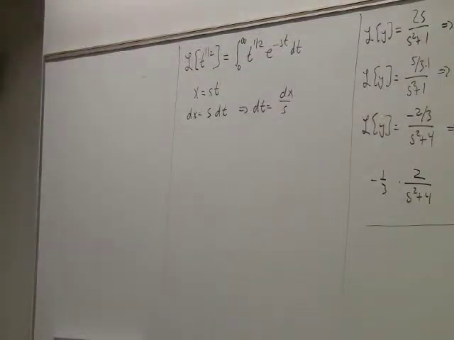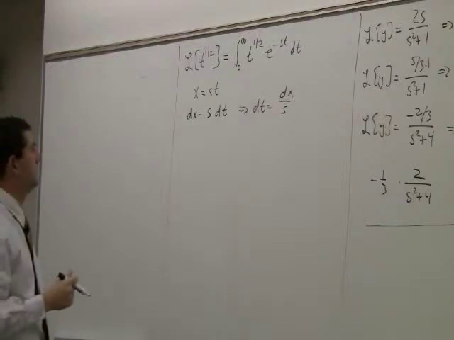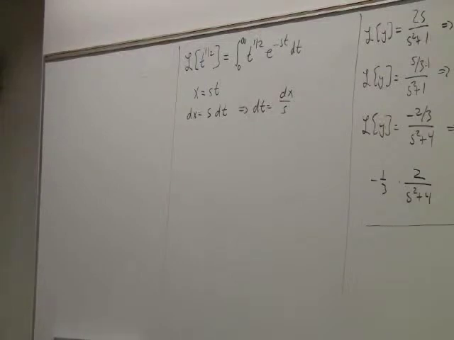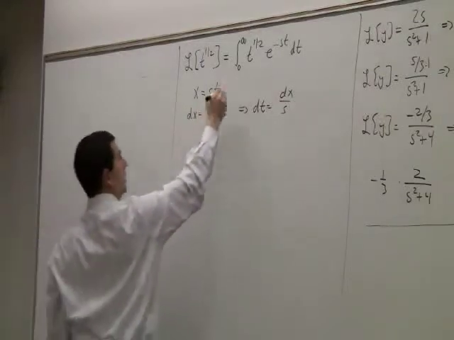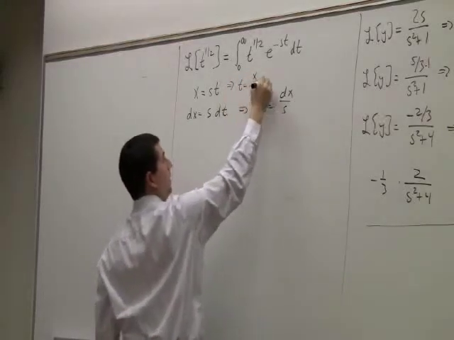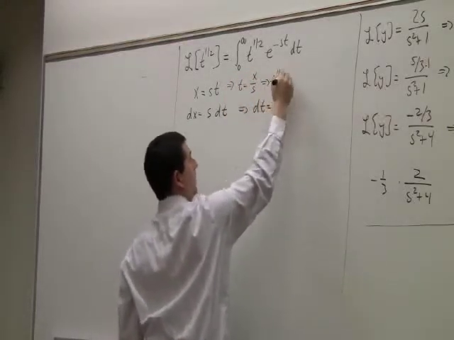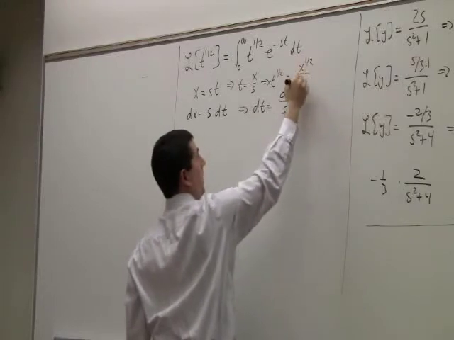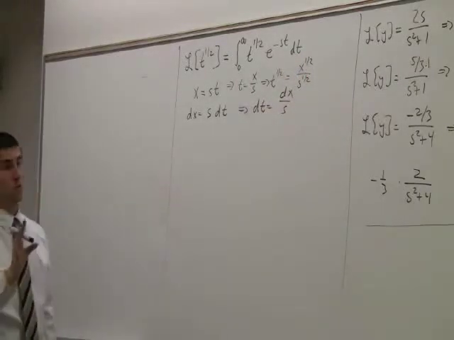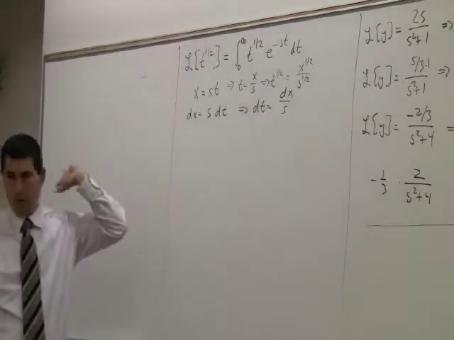Then what about t to the 1/2? What happens if I do that? Well, I could solve for t here. I get t equals x over s. So t to the 1/2 will be x to the 1/2 over s to the 1/2, assuming s is greater than 0, which we always assume anyway.